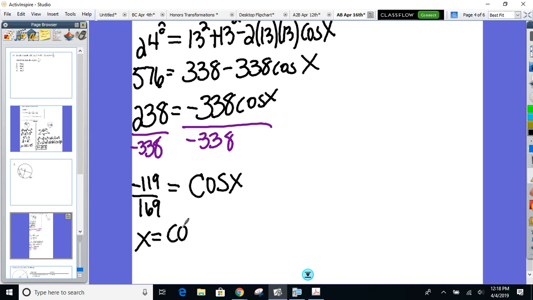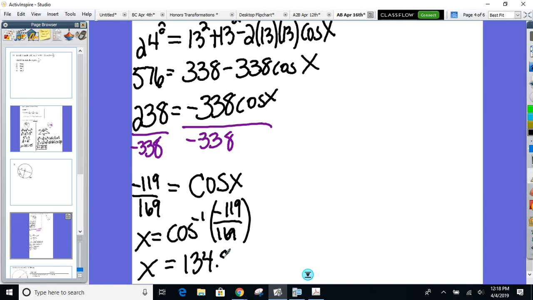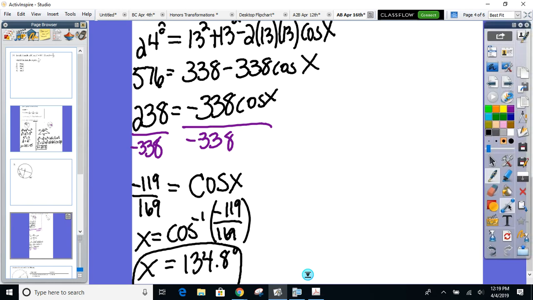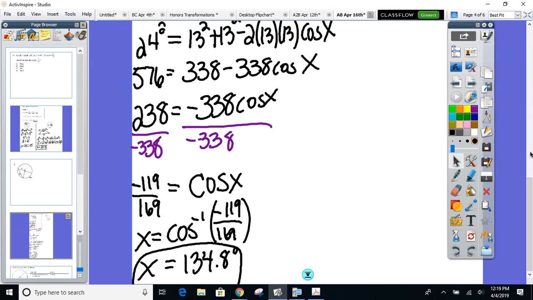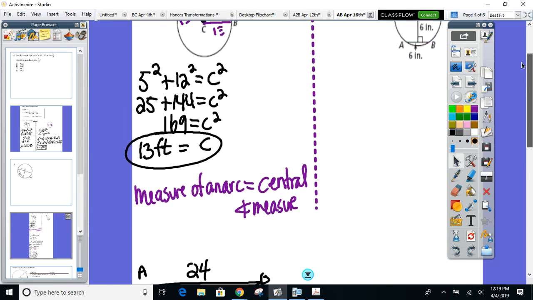So x is going to be equal to the inverse of cosine negative 119 over 169. Go right ahead and you can do that. And it asks to round to the nearest tenth. So x, the measure of arc AB, should be 134.8 degrees. All right. So the key here is find the central angle using law of sines or cosines, and then you'll find the measure of the arc once you find the measure of the central angle.